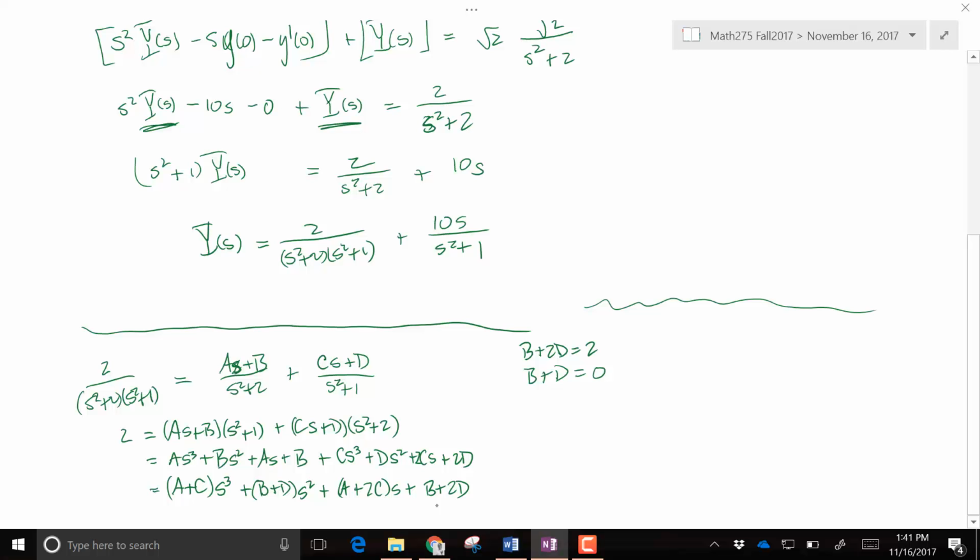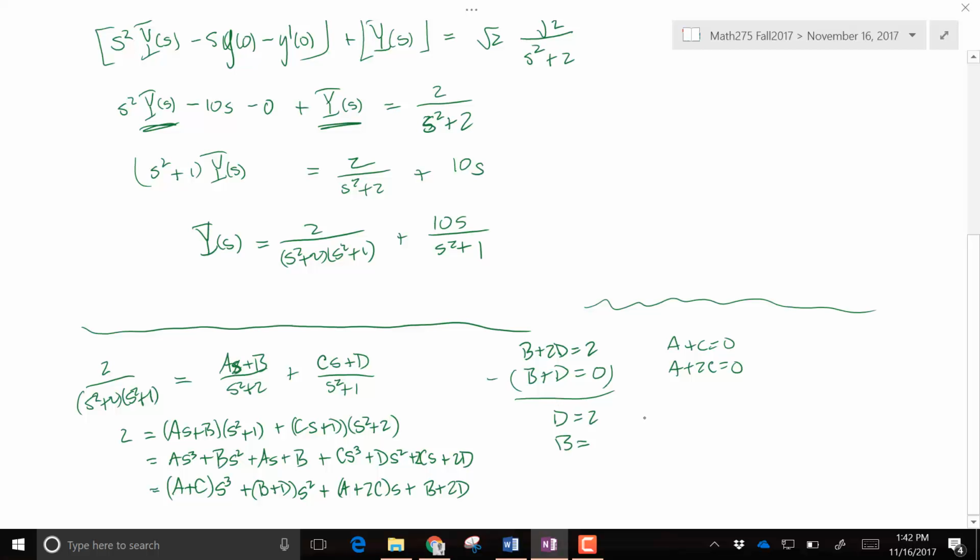And then everything else will equal 0, right? So a plus c equals 0, a plus 2c equals 0. So we got a couple of paired up values here. So let's subtract. Let's solve for this first one. Subtract. So d is equal to 2.